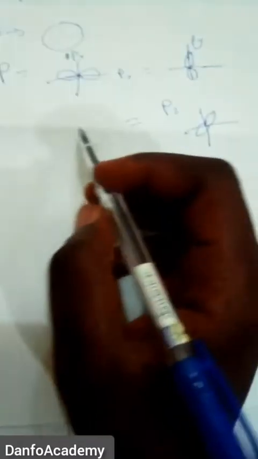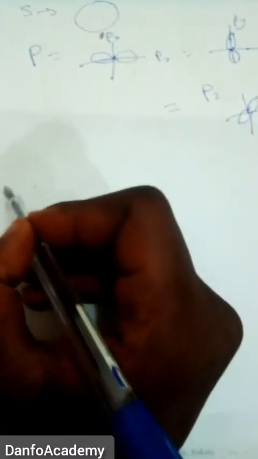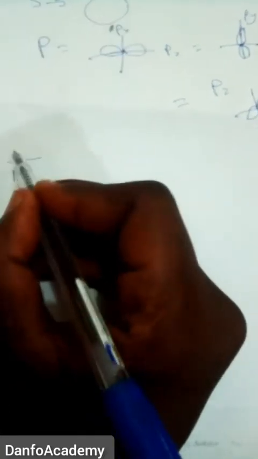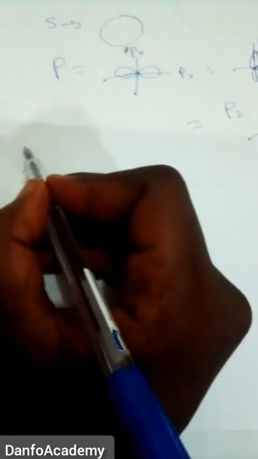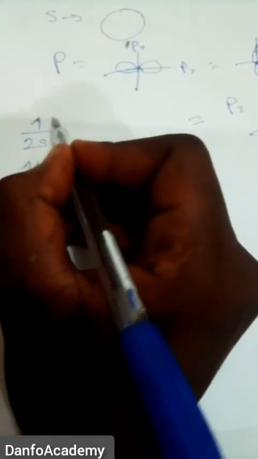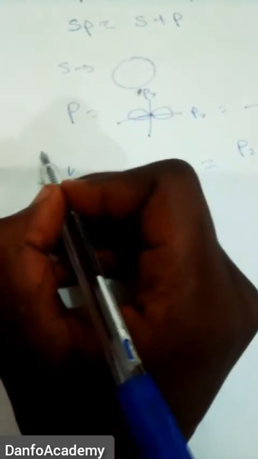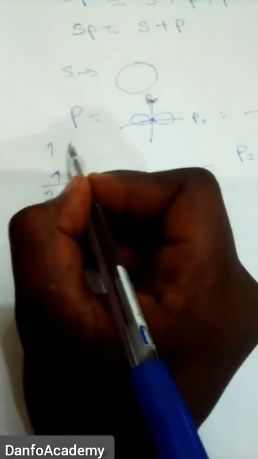Now when they're talking about the electronic configuration of carbon, you have your 1s2 here, which has two spins like this. You have your 2s2 here, which also has two spins like this. You also have your 2p, which has three orbitals here, like this.